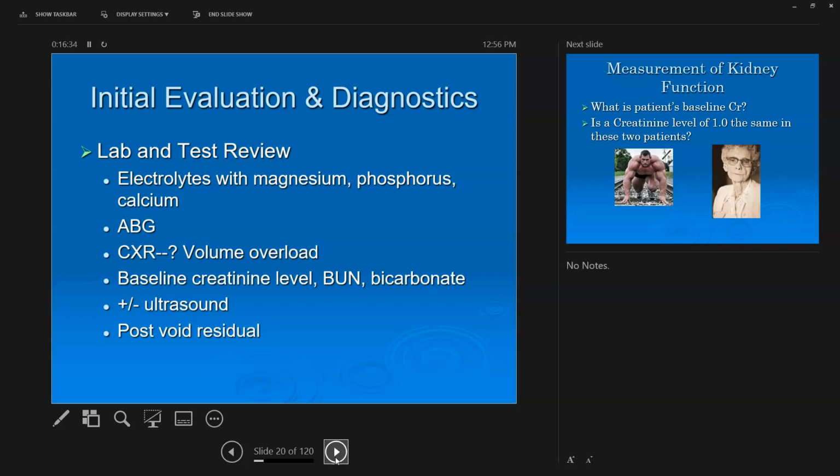Now when you get an ultrasound, they also look at the texture of the kidney. If they're saying increased echo texture of the kidneys, that would help you understand that they probably have some underlying chronic kidney disease.